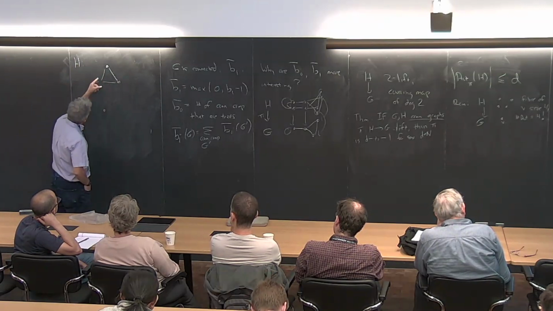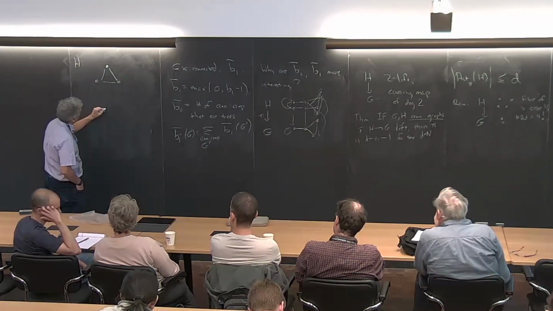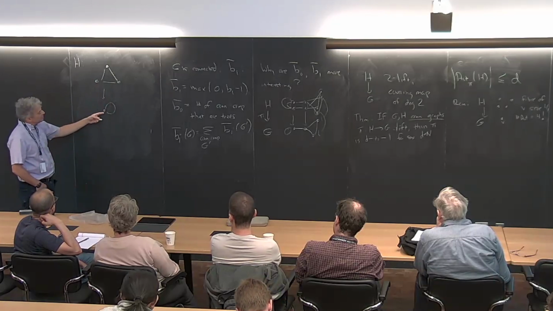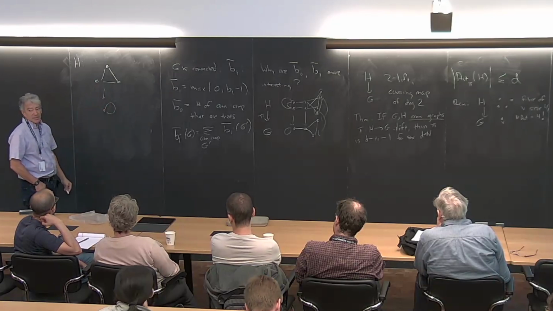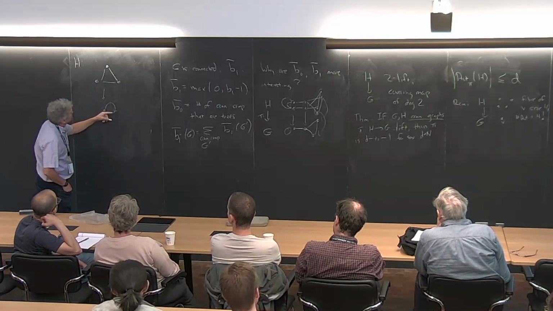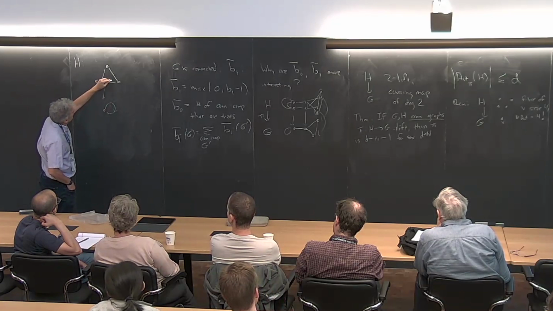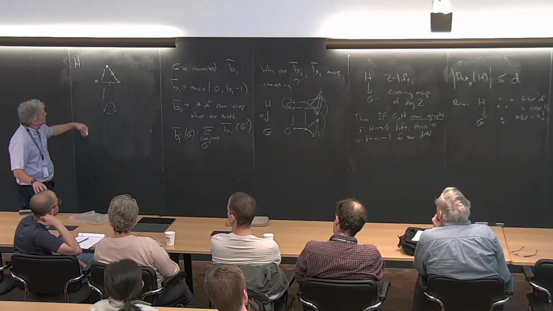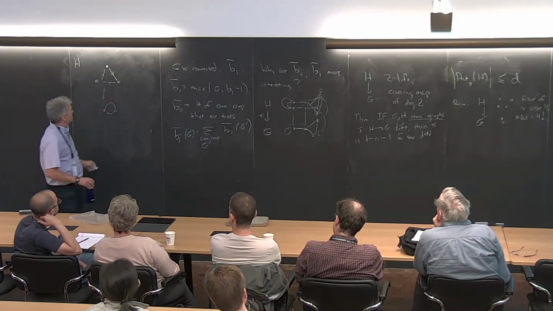Then it's locally degree 2, so there's a unique covering map to the graph with a single vertex and a loop. If we add an orientation here, then we would naturally add some sort of orientation here. So this is a degree 3 covering map.